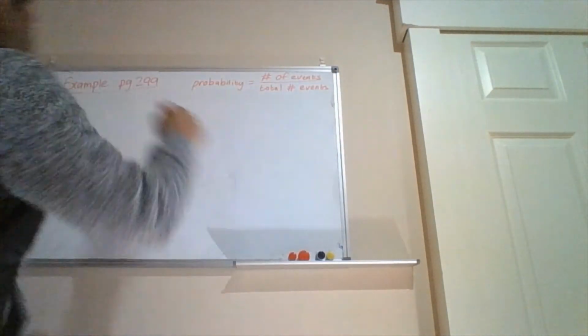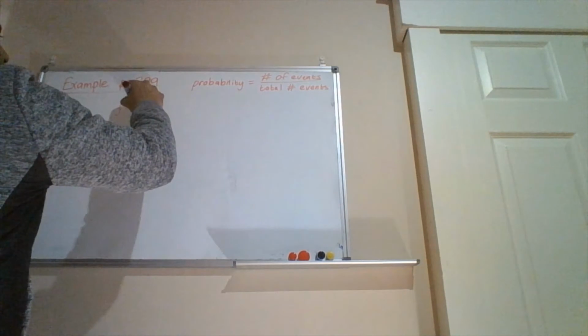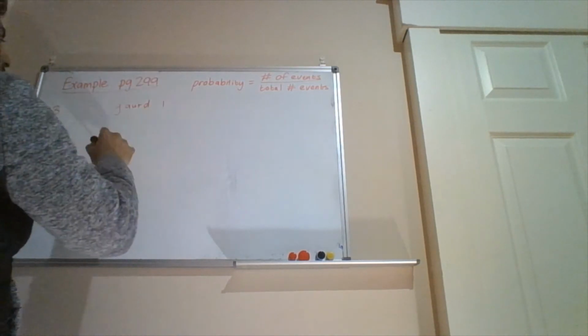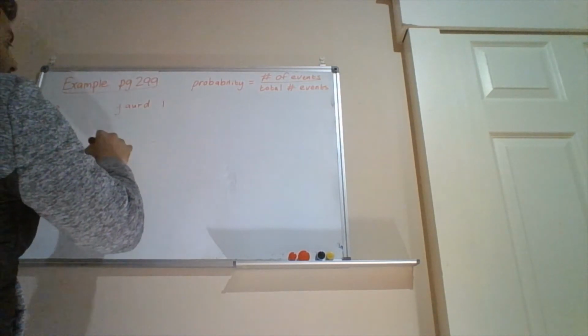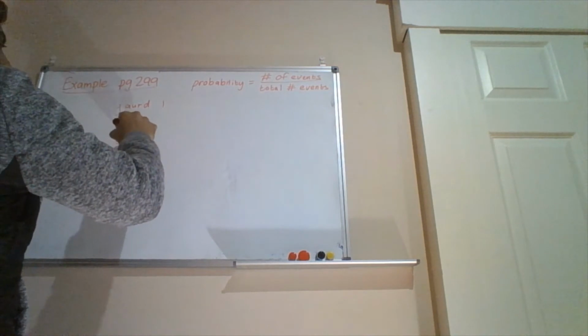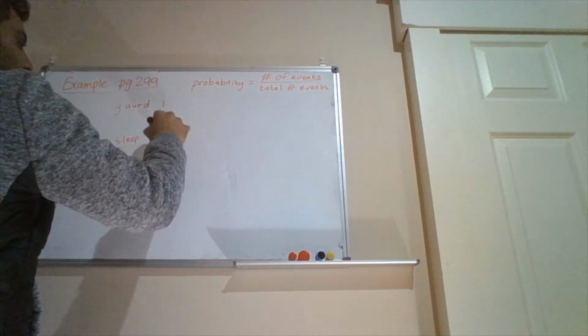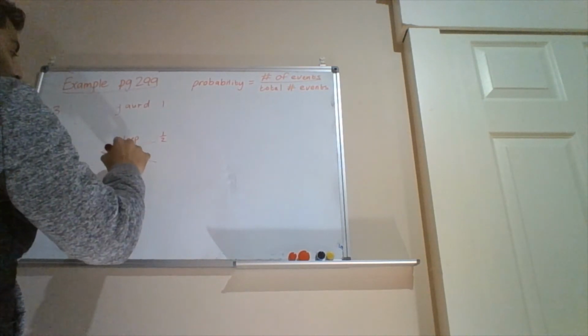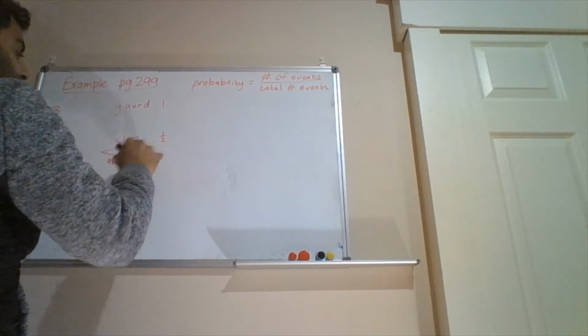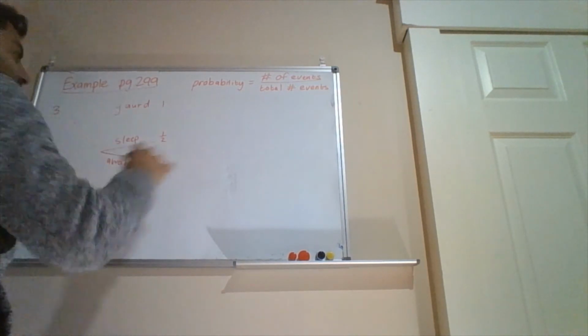In our tree diagram, we're going to have the branches for the first guard, and branching off from those possibilities are going to be the possibilities for the second guard. For guard number 1, the probability that he's asleep is a half, and the probability that he's awake is a half.